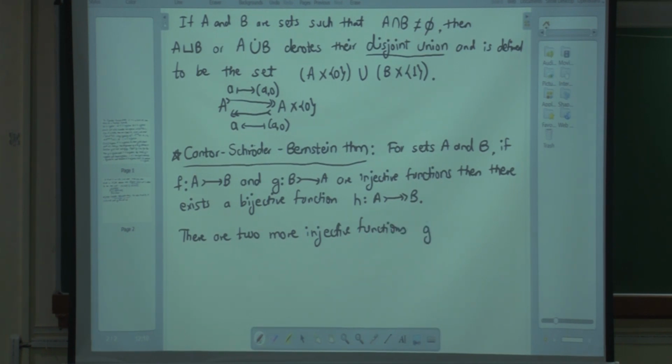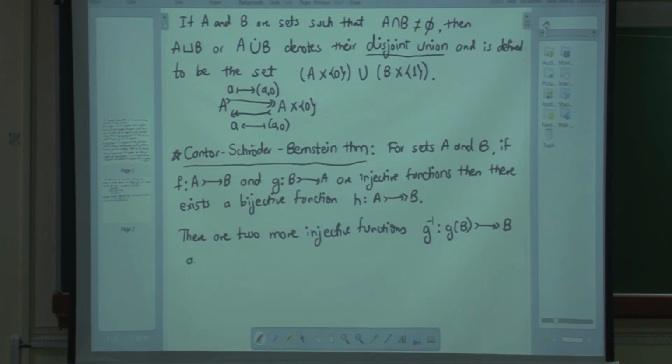First one is g inverse, which is from g of B to B. This is a bijection, in fact. g inverse is a bijection from image of g to B.